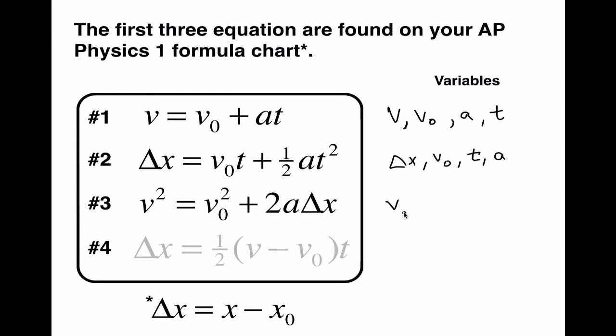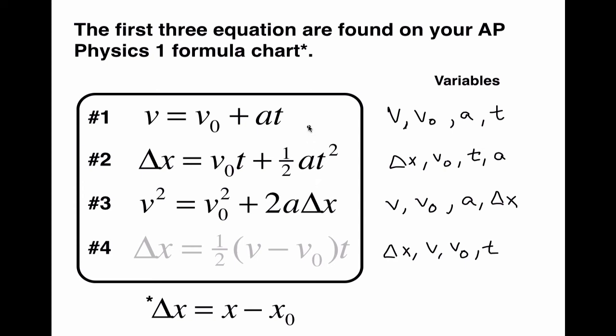Third equation, we have velocity or final velocity, we have initial velocity, we have acceleration, and we have displacement. And then finally, in equation number 4, we have displacement, we have velocity final, velocity initial, and time. Notice in equation number 4, acceleration is not present. And then notice again in equation number 3 that time is not mentioned.